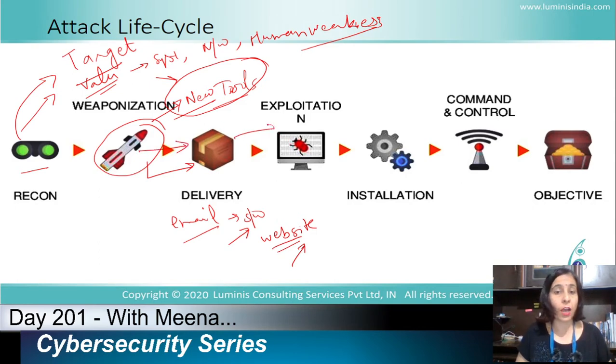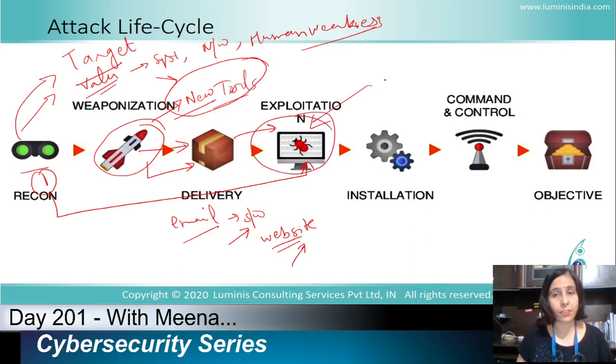Now, in the first process they know the weaknesses that exist on the target system or network, so they use this particular tool, this particular code, to exploit those vulnerabilities. After infecting or getting control over that particular device or network, they are not going to install everything in one step.